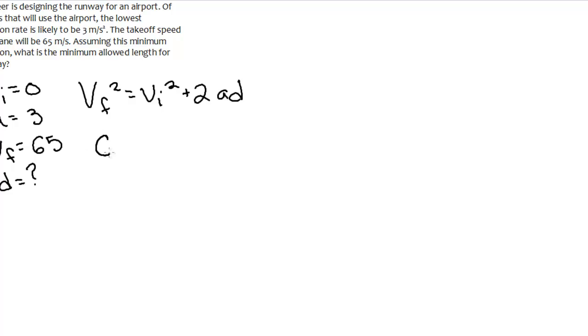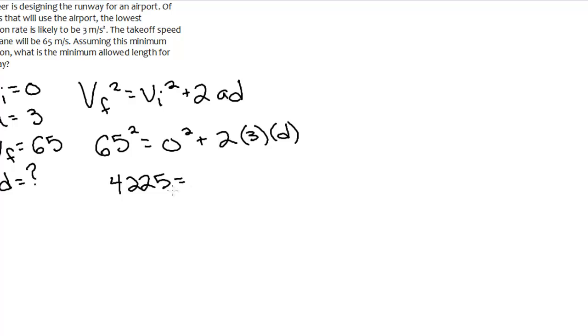All right, our VF, that's 65. Our VI is 0 plus 2 times A times D, our unknown. So 65 squared, that's 4,225. And believe me, guys, I'm not doing this stuff in my head.